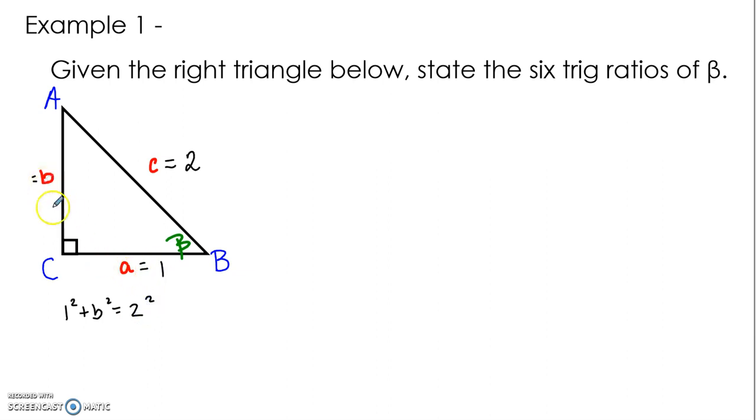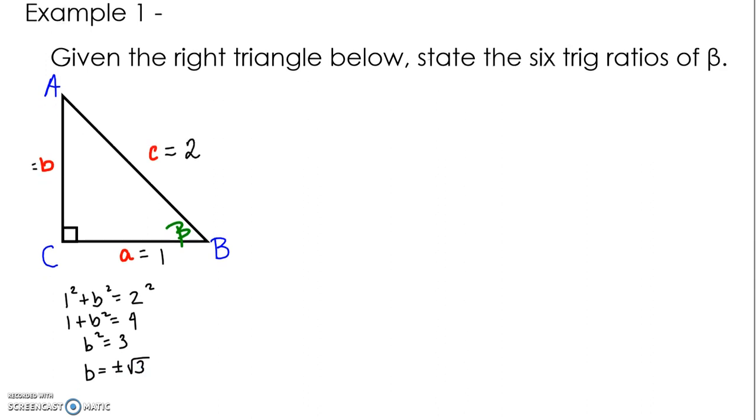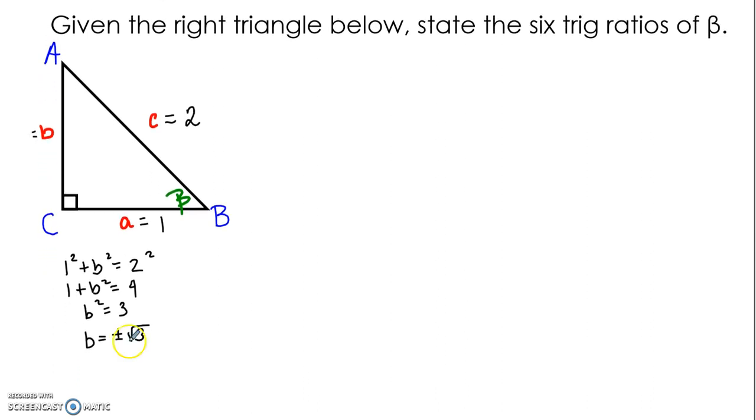So the legs squared added together equal the hypotenuse squared. So I have 1 plus B squared equals 4. B squared equals 3. And then if I take the square root of each side, B equals plus or minus square root of 3. But because we're dealing with a triangle that has all real numbers that are positive, we're going to go ahead and just say that B equals the square root of 3. We're not going to worry about that negative sign.